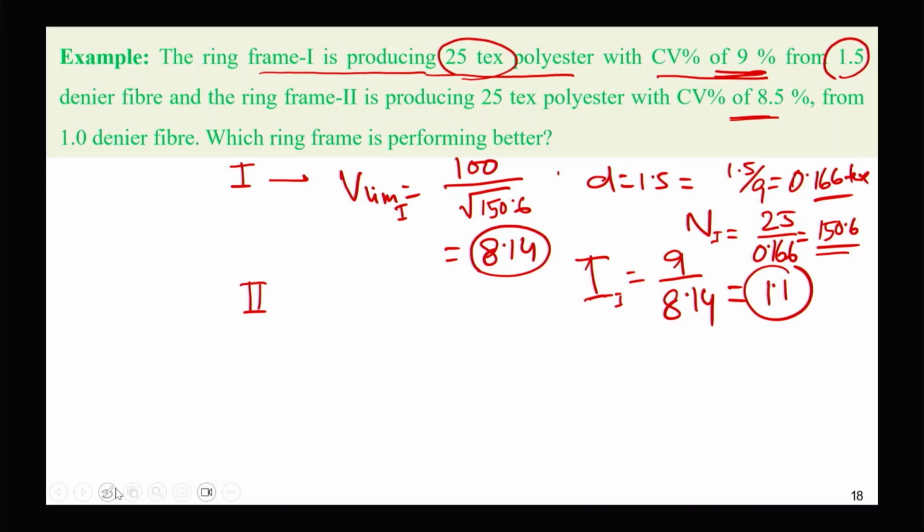Okay, now for ring frame 2, similarly V limit 2 we have to calculate.